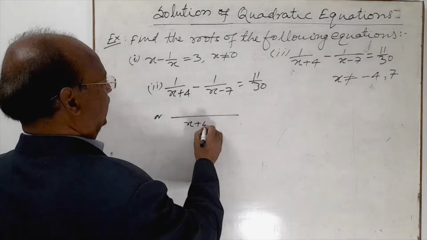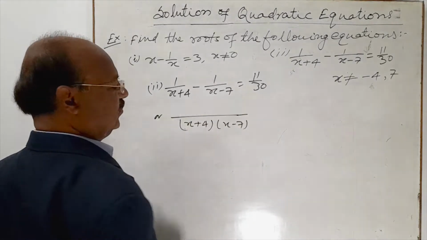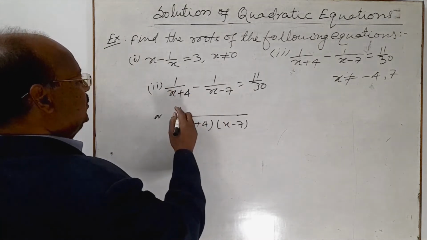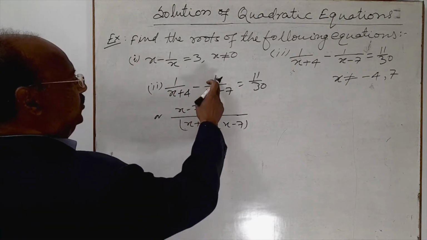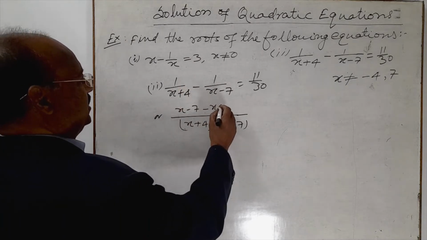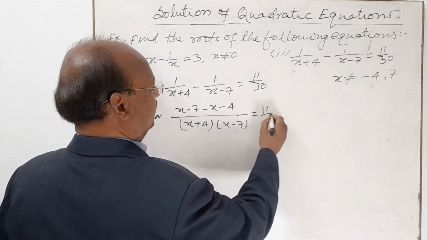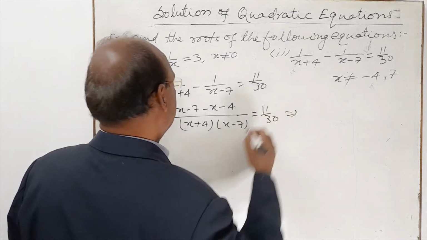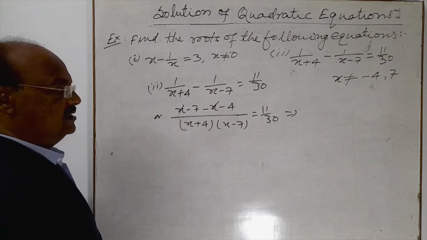The LCM will be x plus 4 into x minus 7. And here 1 into this much means x minus 7, and minus of 1 into this much means minus x minus 4. And this is equal to 11 by 30. This plus x and minus x are cancelled out.